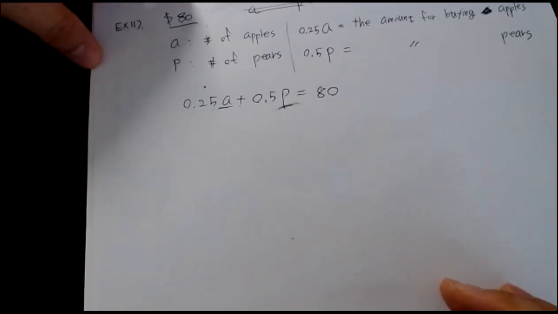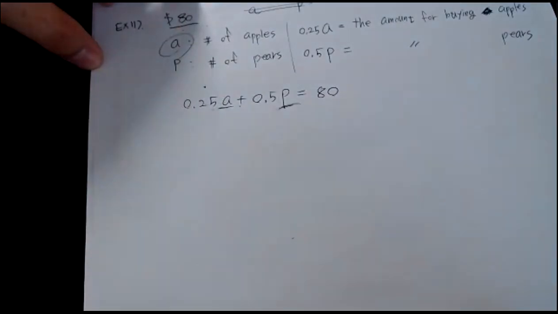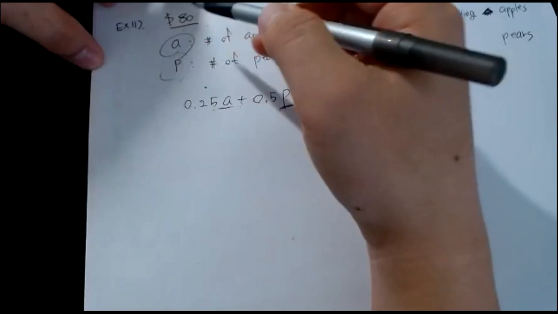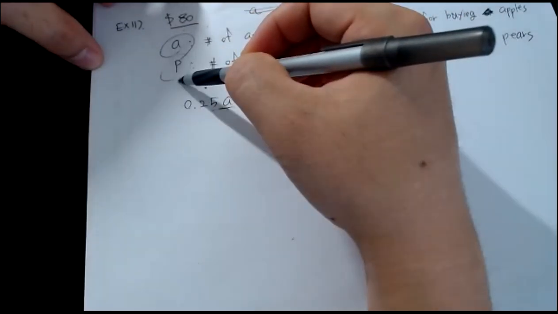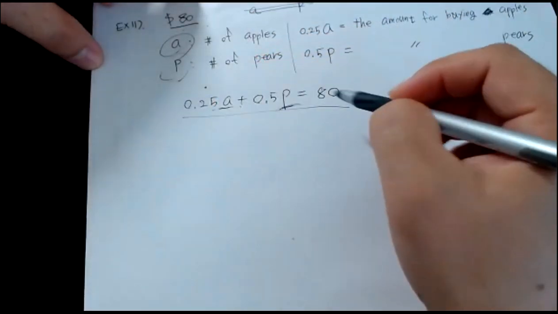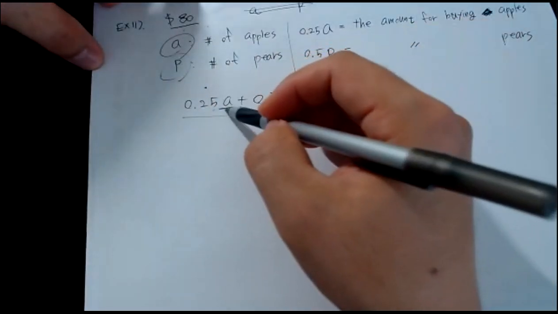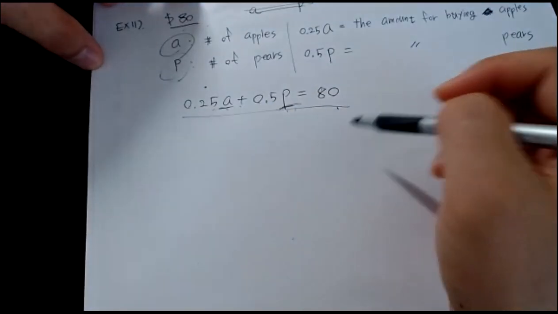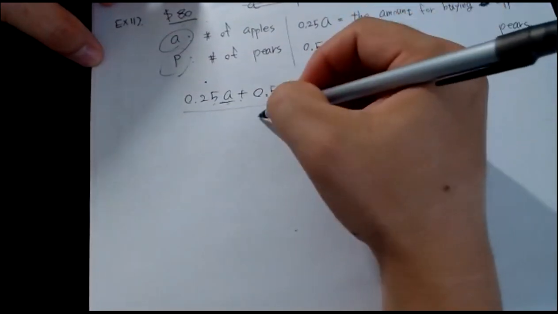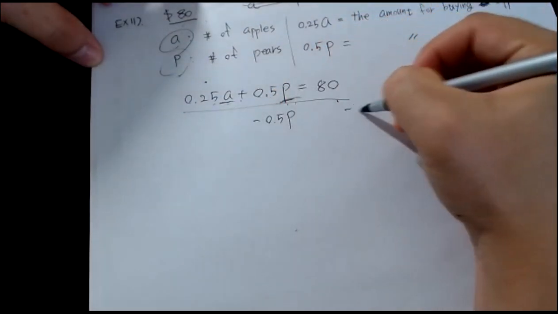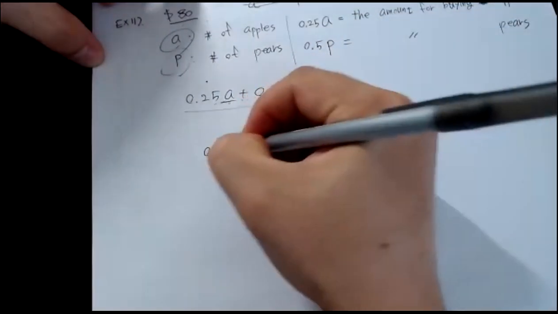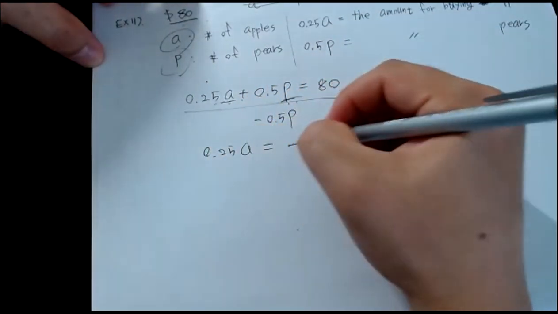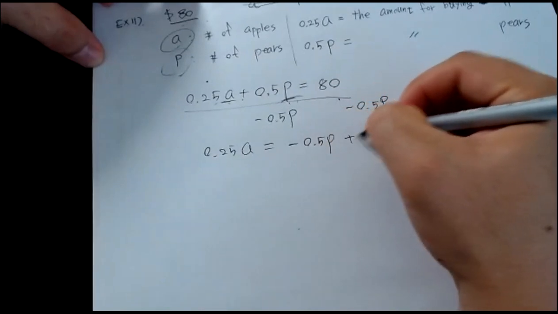Now the problem asks us to write the number of apples, which is A, as a linear function of the number of pears, which is P. So we have to express A in terms of P. It means we have to isolate A in this equation, so A is equal to something on the right-hand side in terms of P. I'll subtract 0.5P, so we get 0.25A equal to negative 0.5P plus 80.